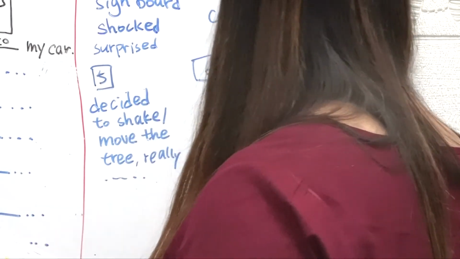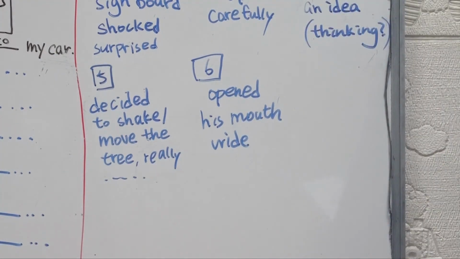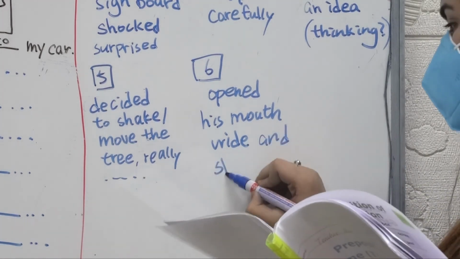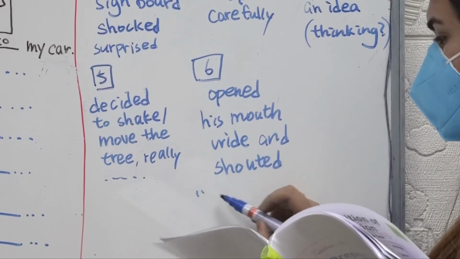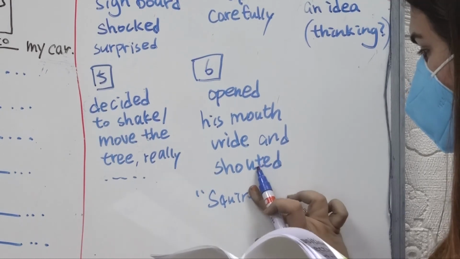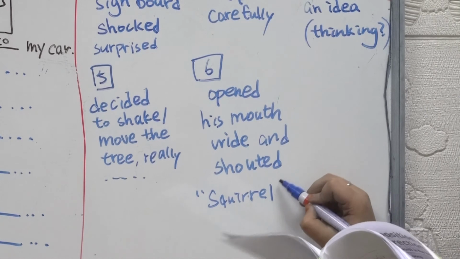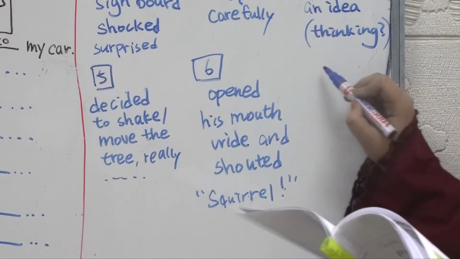Or you can just say open his mouth wide. And shouted, right? You may say he shouted. He shouted, squirrel.